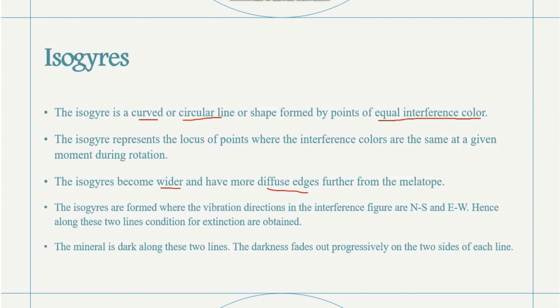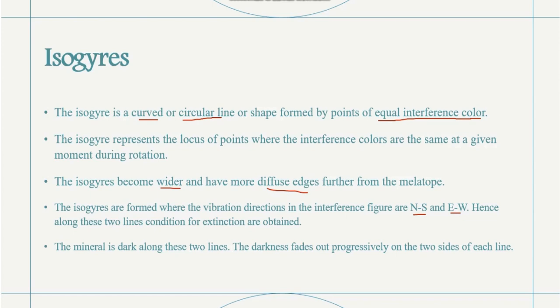The isogyres become wider and have more diffuse edges further from the melatope. Remember, the melatope forms where the optic axis emerges. So away from that, the isogyres become wider and have more diffuse edges.